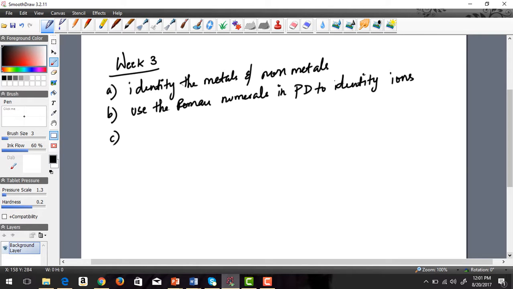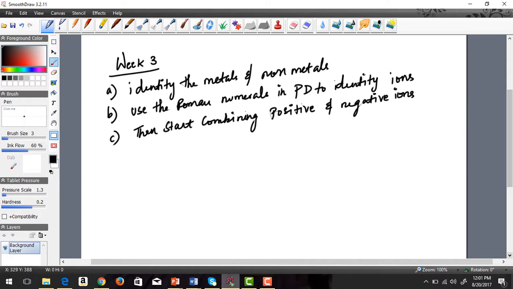Third, we are going to start combining positive and negative ions. Well, you will also quickly see that sometimes you may not actually have a positive ion, but just two things combining together that does not have a charge of any kind.